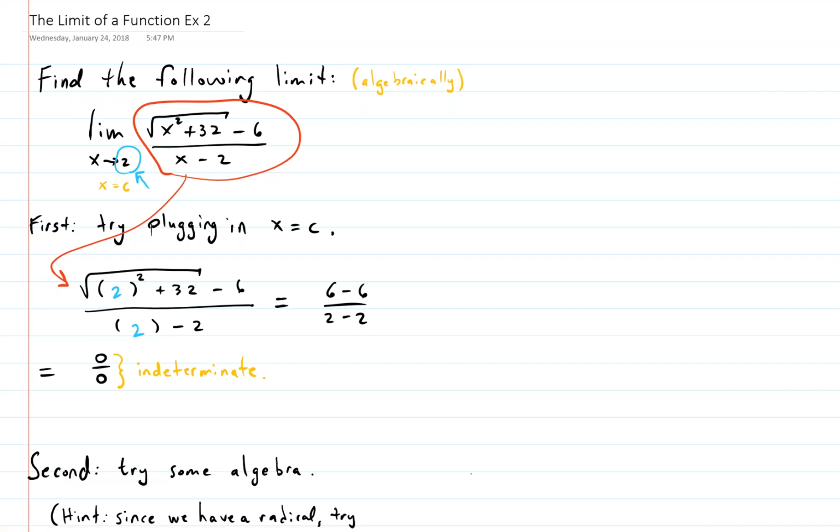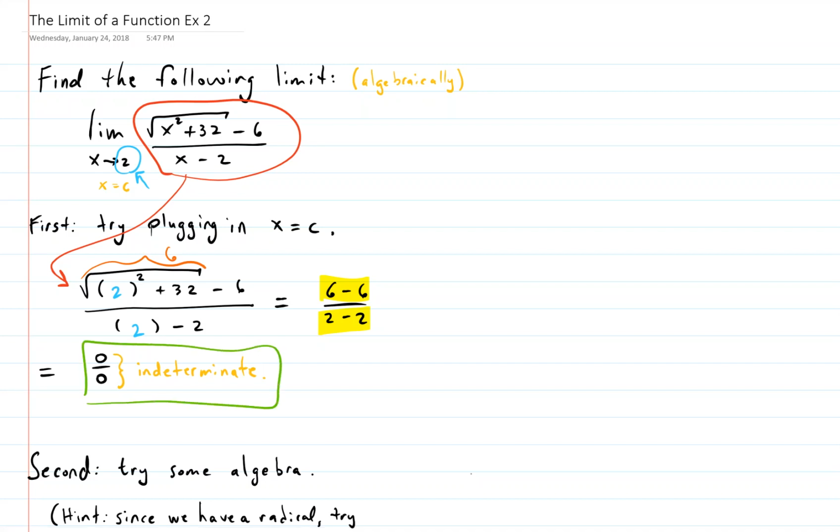The square root of 36 is 6, and so over here we end up having 6 minus 6, and in the bottom 2 minus 2. They both give us 0. So we have 0 over 0.